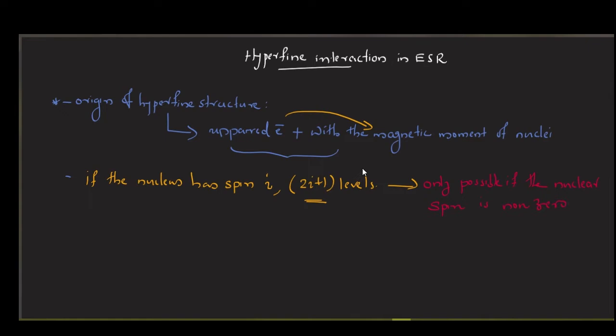For a non-zero nuclear spin I, the ESR spectral line will split up into 2I plus 1 levels.